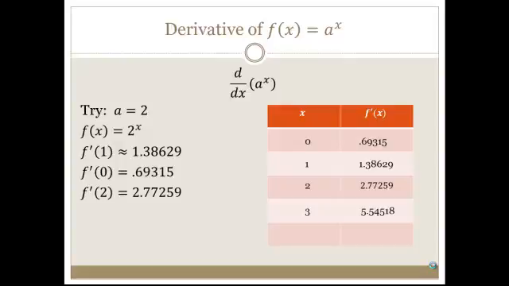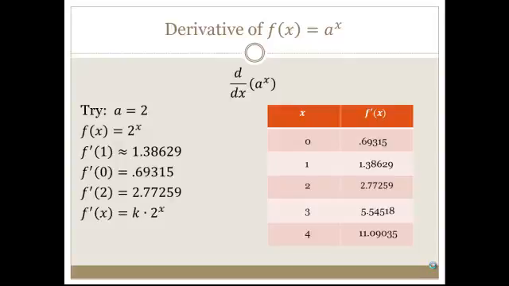So it should not be a surprise to us that when we compute x equals 4, the derivative f prime of 4 will be twice as big as 5.54518, which is 11.09035. So we have that f prime of x is a function which doubles each time we increase x by 1.